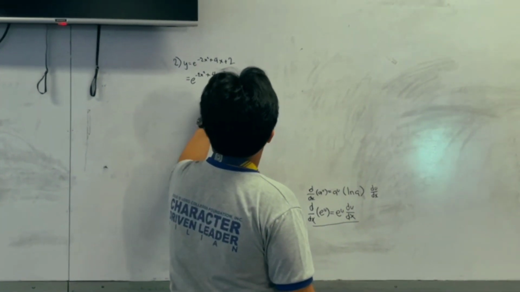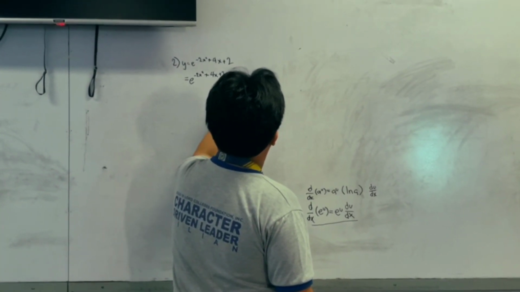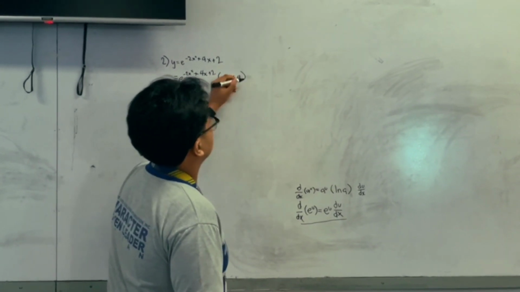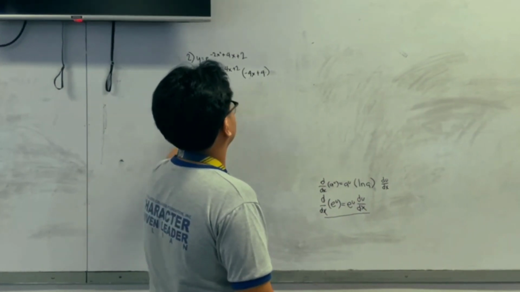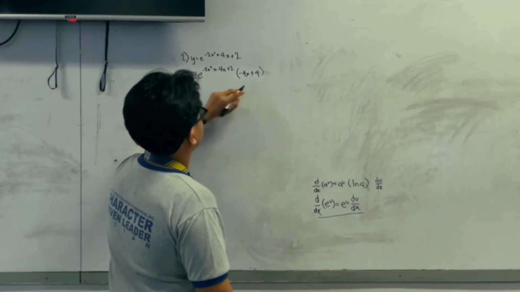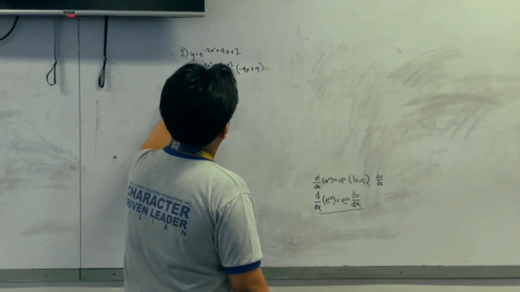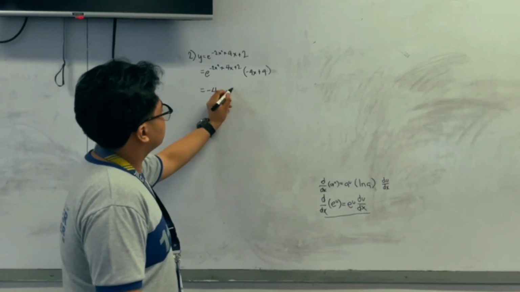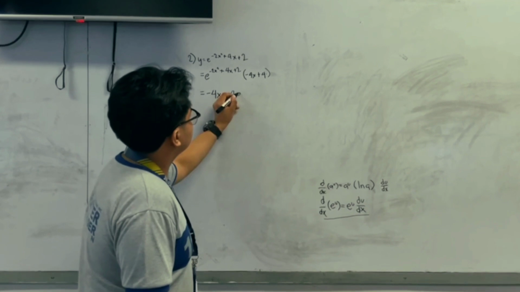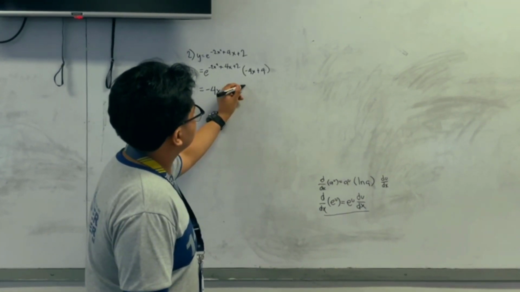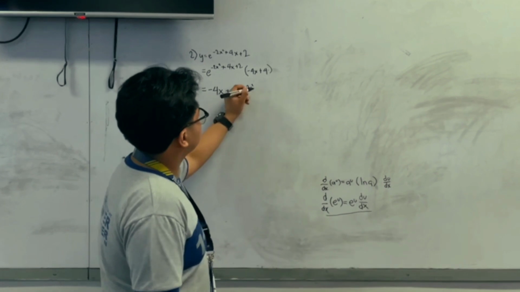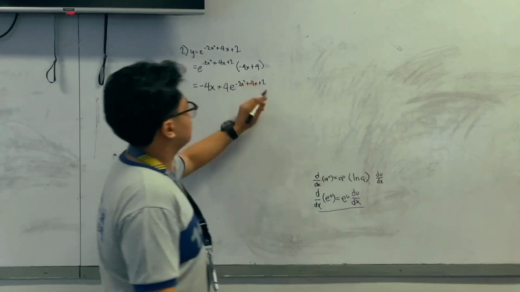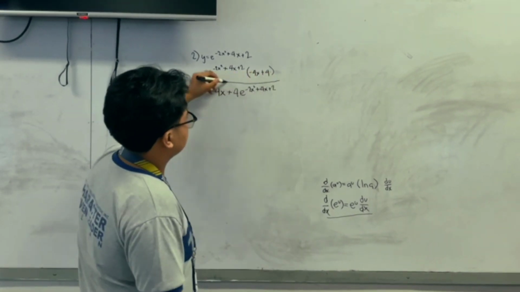Then the derivative of 4x would be 4. And the derivative of 2 is 0, but we can just remove that because it doesn't add anything anyway. Now we're going to multiply the derivative of u by e. We're just going to bring down negative 4x plus 4, and then copy the letter e and the value of u. And now that is our final answer.